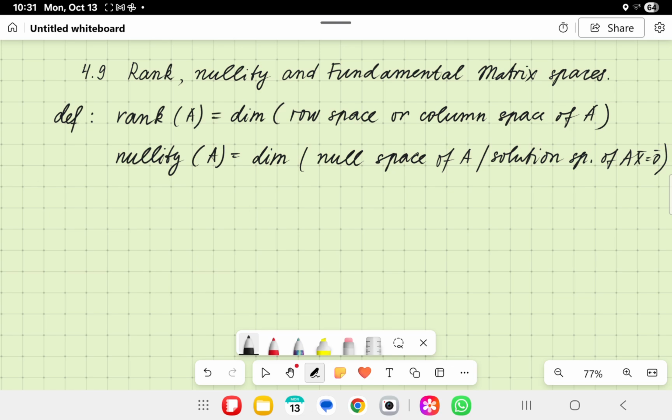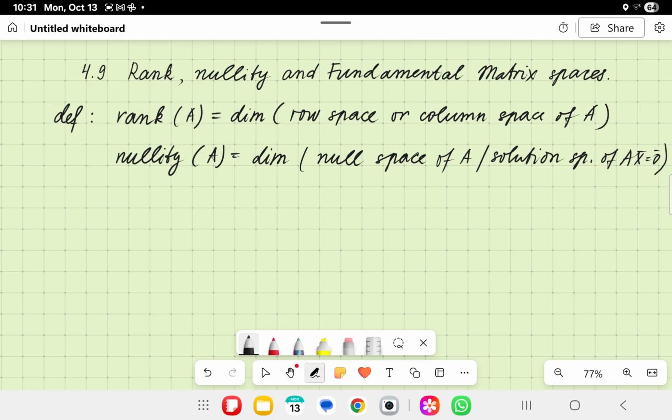We remember from previous sections that if you take matrix A and do row operations on that matrix, we can reduce it to reduced echelon form, and this reduced echelon form is going to have some 0 rows and some leading ones, and basically we can find a basis for the row space this way, right?